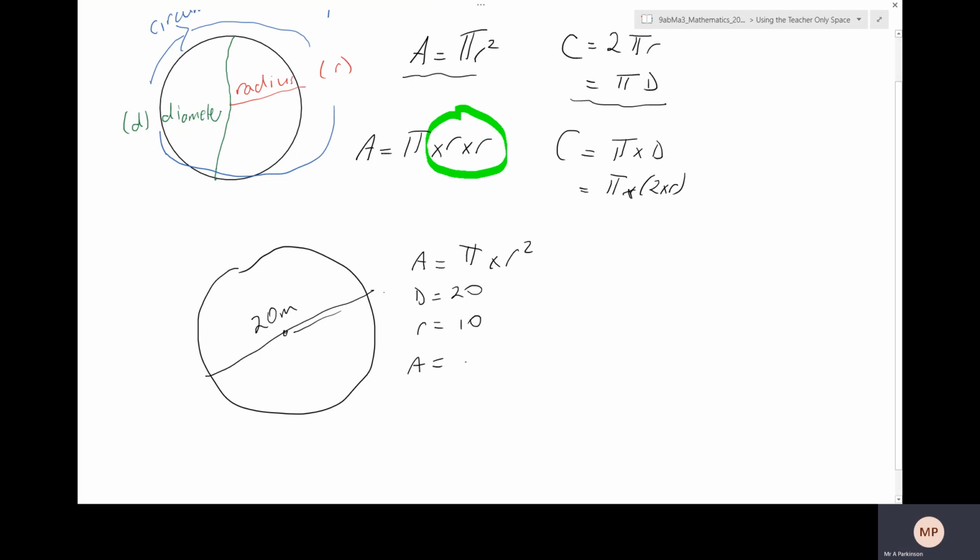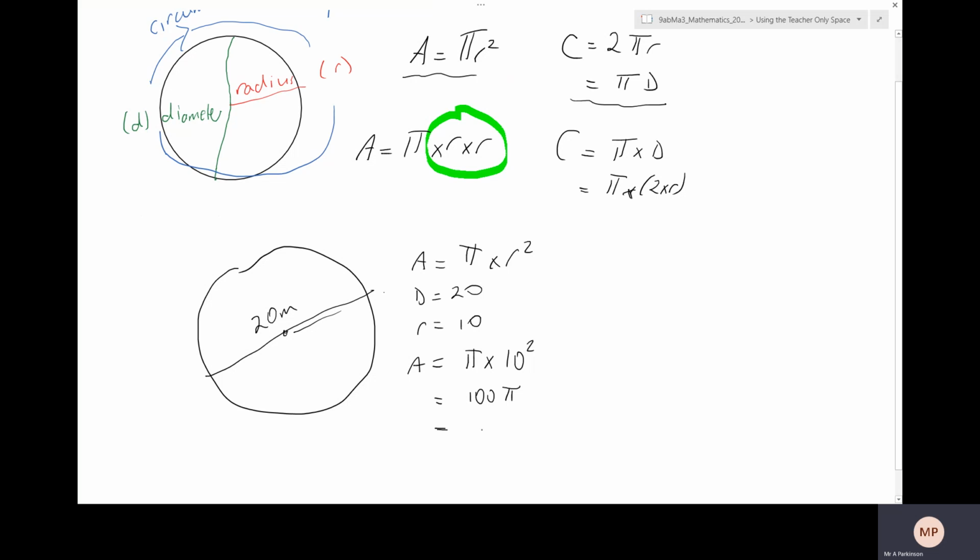So the area is pi times 10 squared, which is 100 pi if the question says leave it in terms of pi. If the question says do it to 1 decimal place, pi is 3.142, but it's also on the calculator.